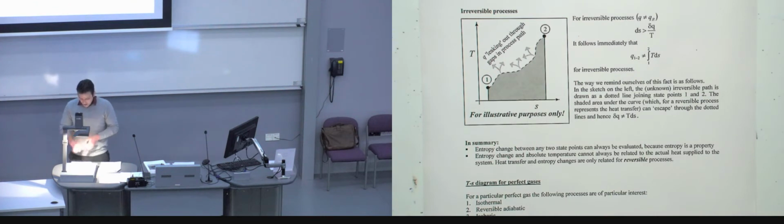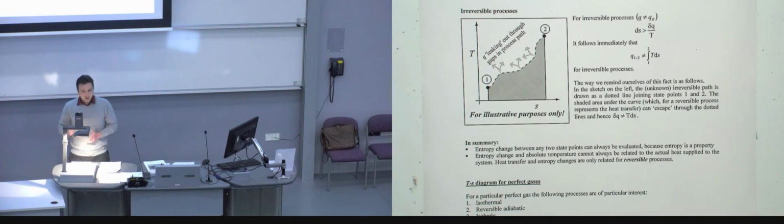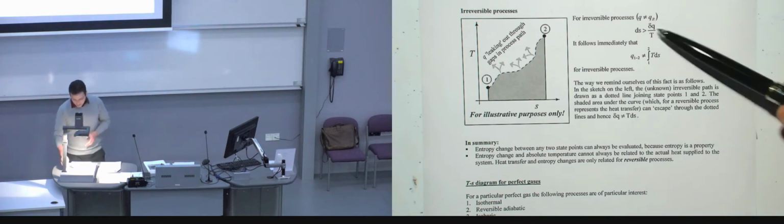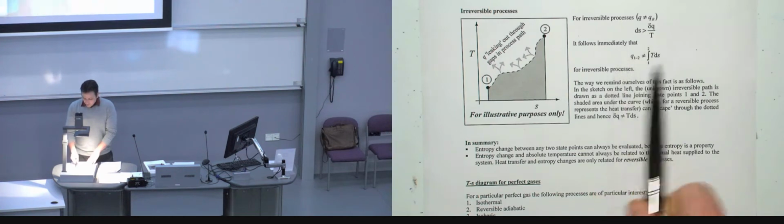As a result, dS is not going to be equal to, and in fact is going to be bigger than, delta Q over T. As we know, in an irreversible process you always generate entropy, and therefore the change of entropy will be bigger than delta Q over T. Of course you can't use this equation anymore.